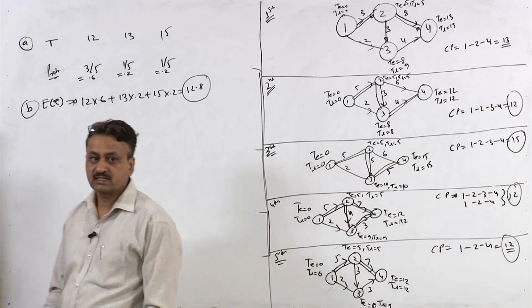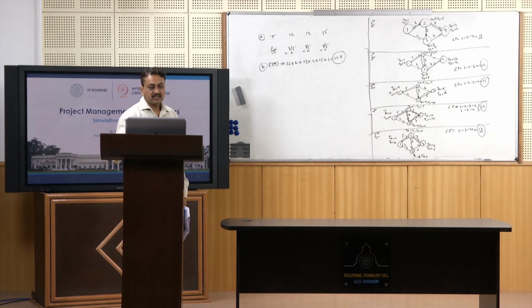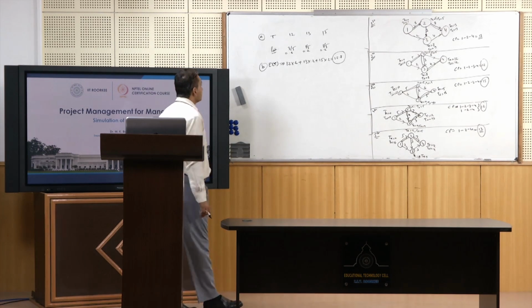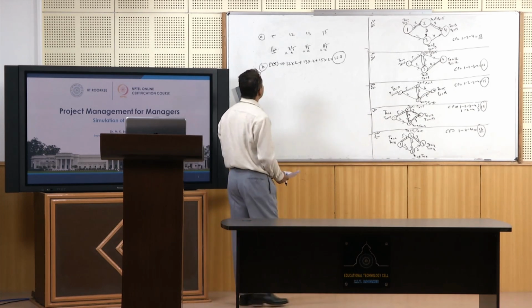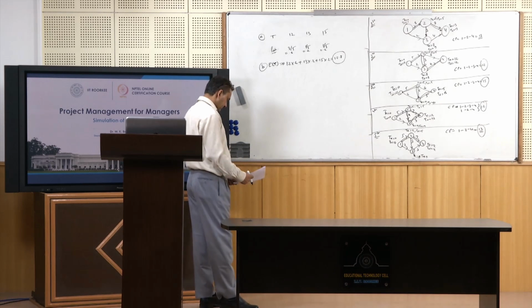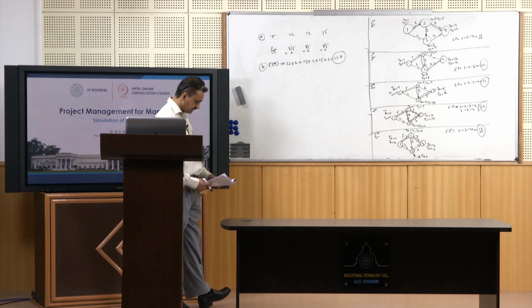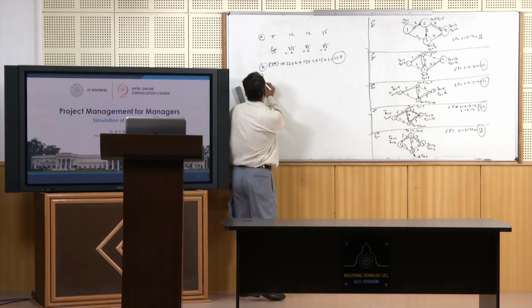The third point is, what is the probability that the project will take less than or equal to 14 days? How will you do that? The probability that the project would be completed in less than or equal to 14 days.